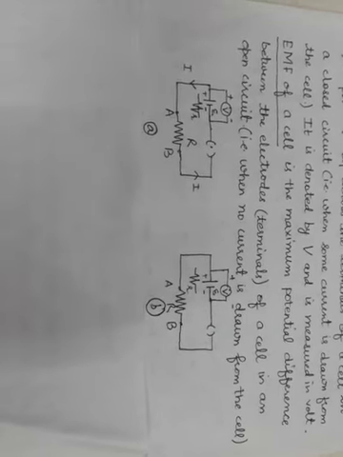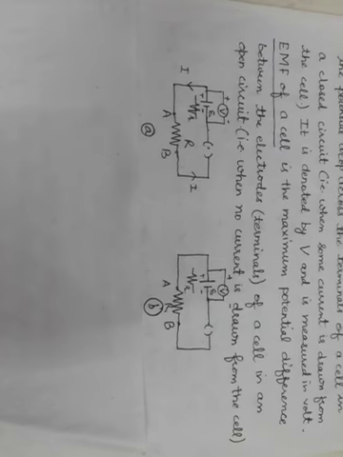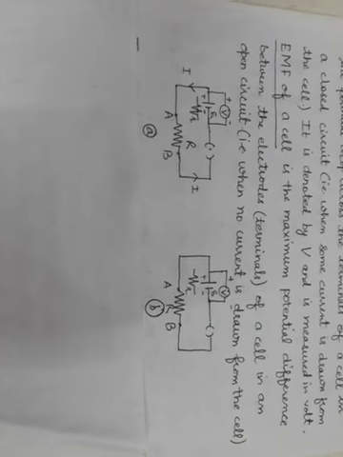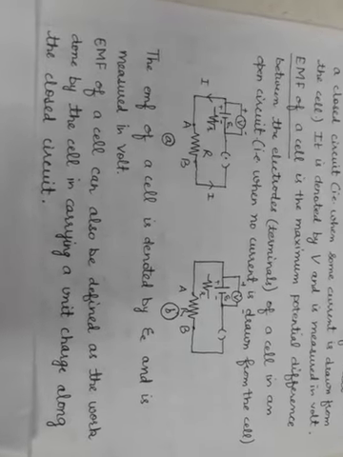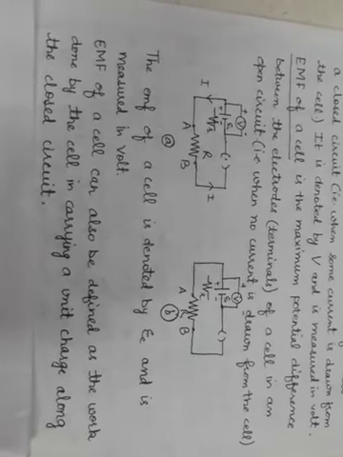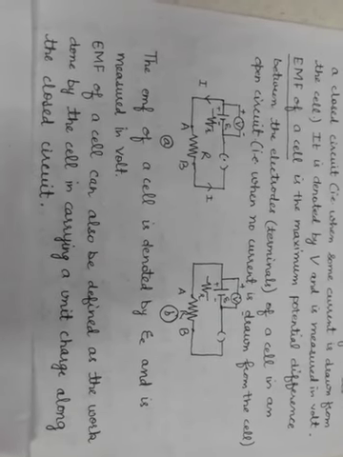We can define EMF in one more way also, and what is that? It is the total work done by the cell in carrying a charge along the closed circuit.